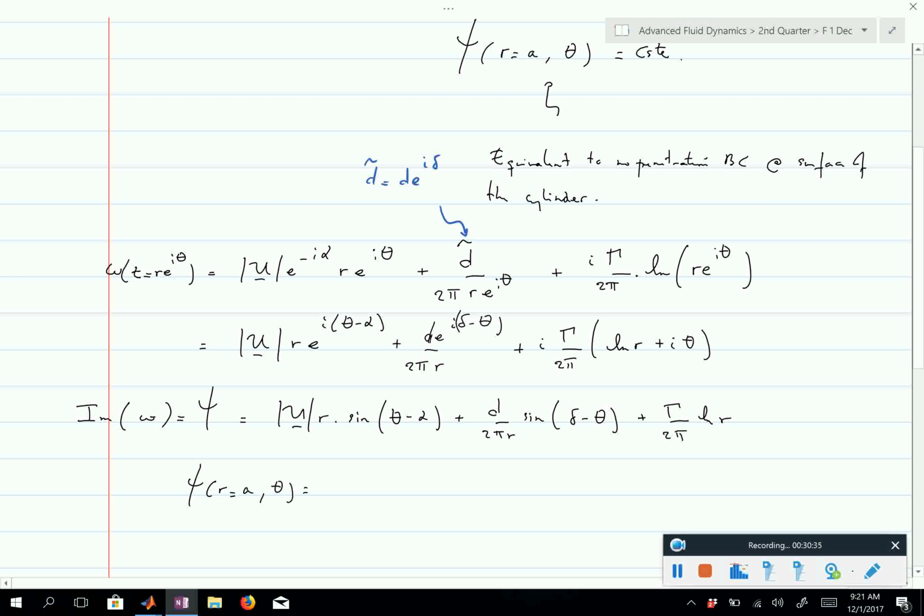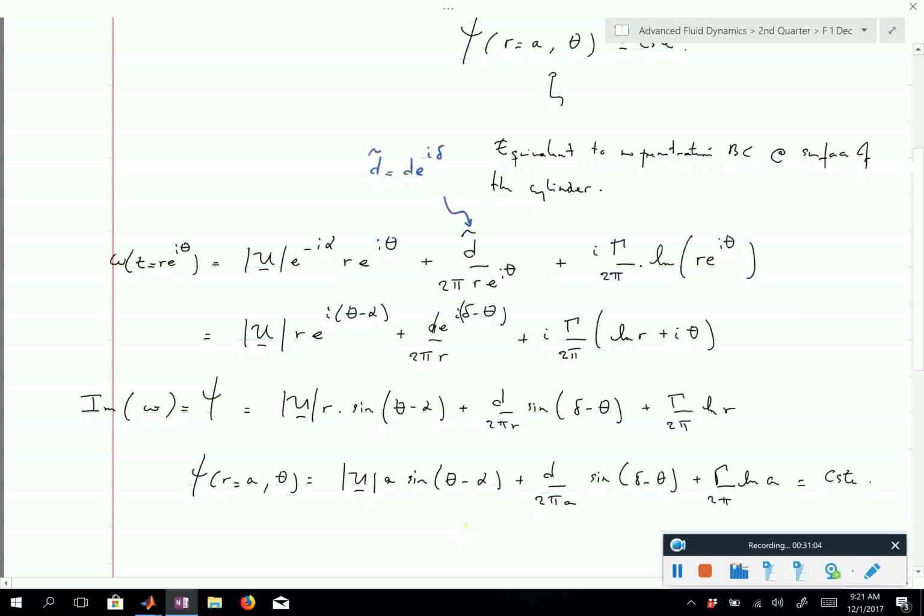So we have that U a sine of (theta minus alpha), theta can still float between 0 and 2 pi, plus D divided by 2 pi a sine of (delta minus theta), plus gamma divided by 2 pi log of a, needs to be equal to a constant.